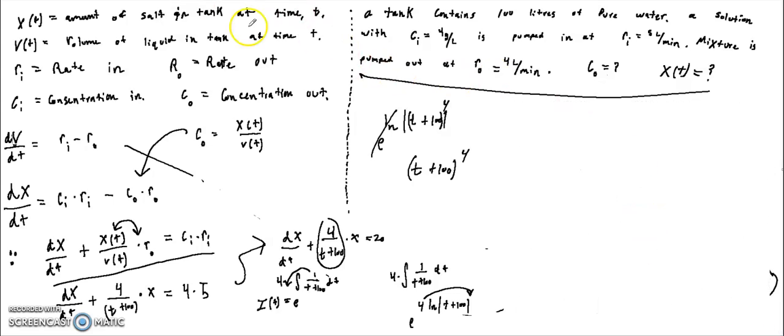So now we multiply everything by our integrating factor, and when we do that, the product rule will just end up on the left side.